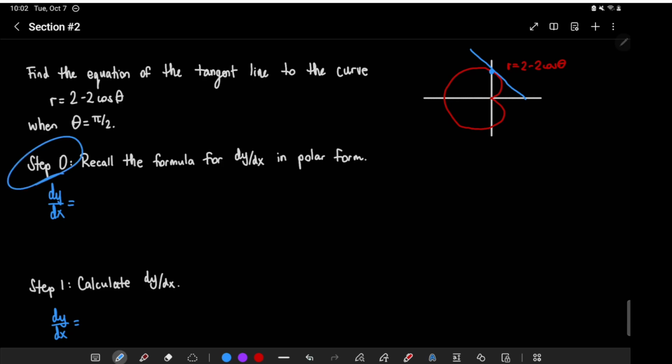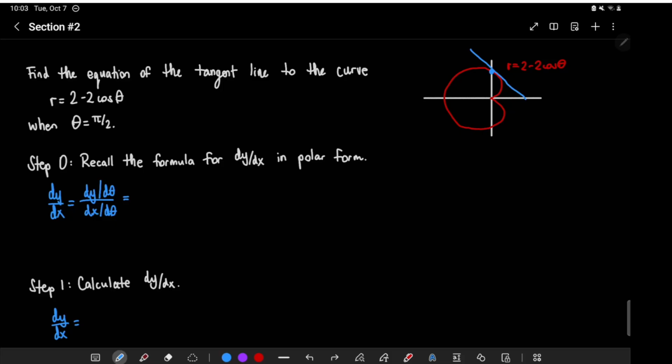Step 0, I'll say, is recalling the formula, which you can memorize, or you can say, okay, well, dy d theta over dx d theta would give me dy dx, because it's sort of like the d thetas cancel. But then I would need to think about y as a function of theta and x as a function of theta to be able to differentiate these things.